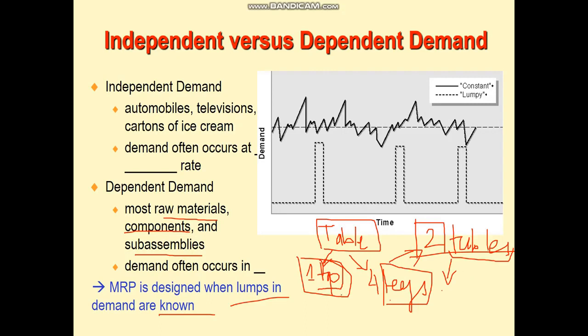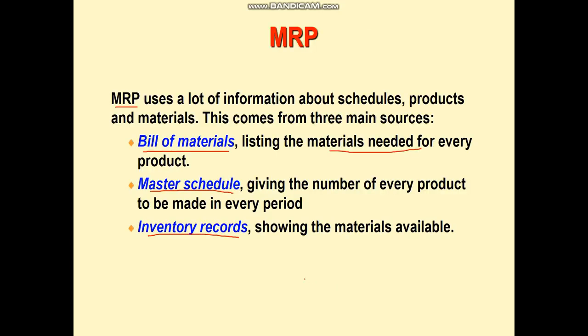We need 1 top and 4 legs. So it's one example, the BOM. Bill of material we can shorten to BOM. So bill of material will give us the list of the materials we need for the products.